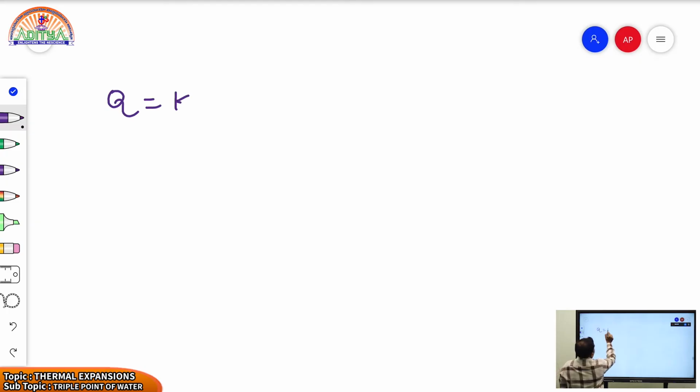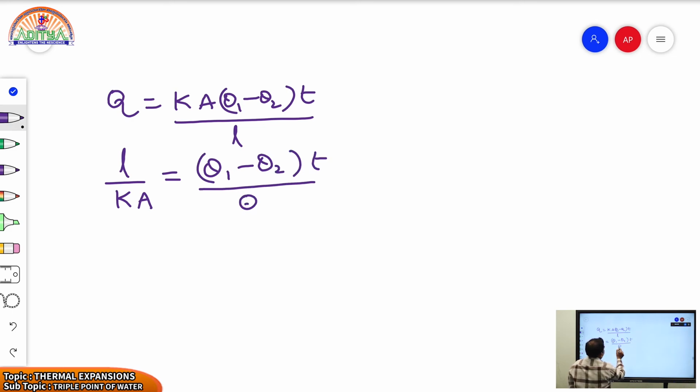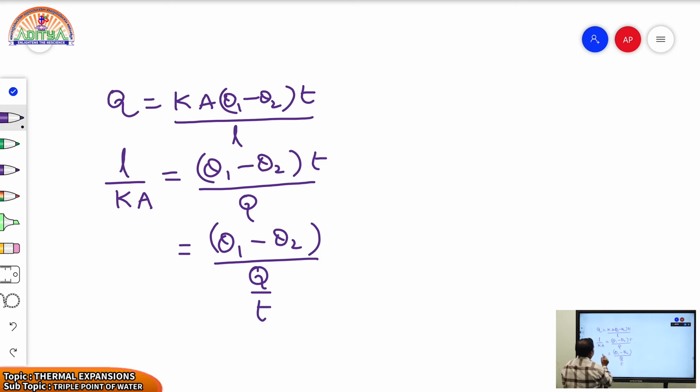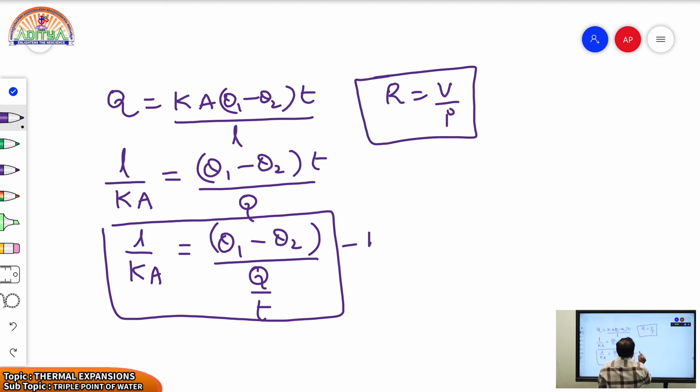Q is equal to K A into theta 1 minus theta 2 into T by L. So in the next step, L by K A is equal to theta 1 minus theta 2 into T divided by Q. This is equal to theta 1 minus theta 2 divided by Q divided by T. Now this is L by K A. Now you are comparing this equation with R is equal to V divided by I. This is equation number 1.